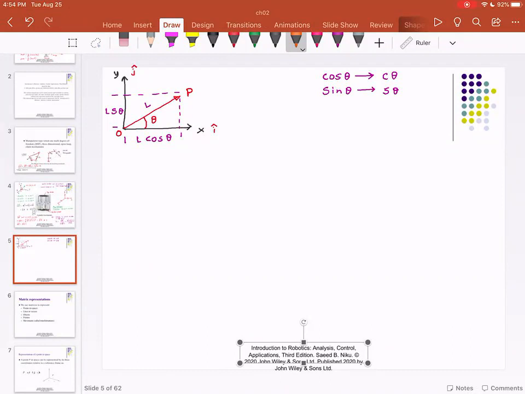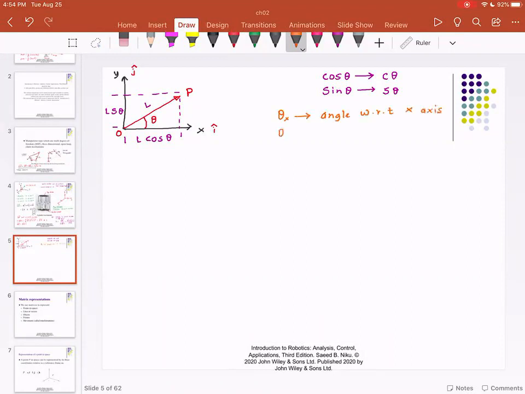But before we get into the details of that, I want to denote these terms slightly differently. I'm going to say theta x is the angle with respect to the x-axis.